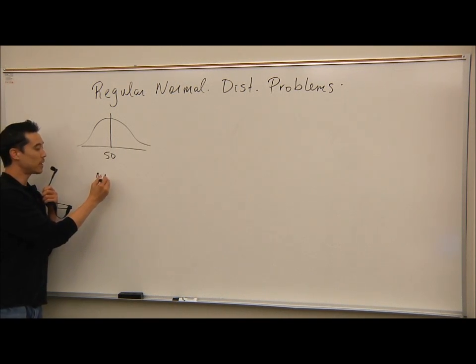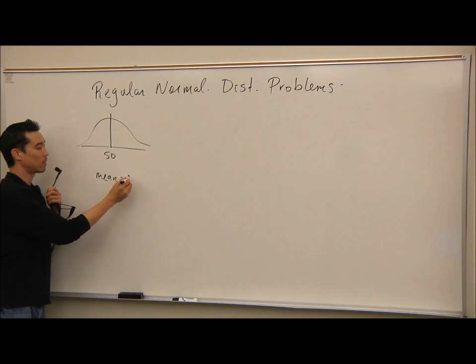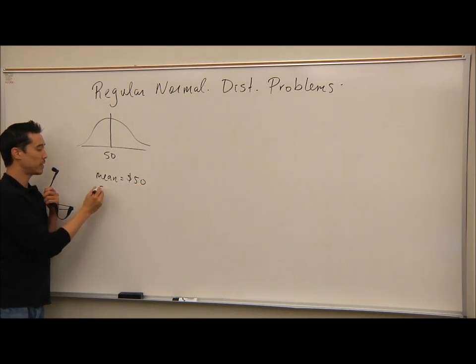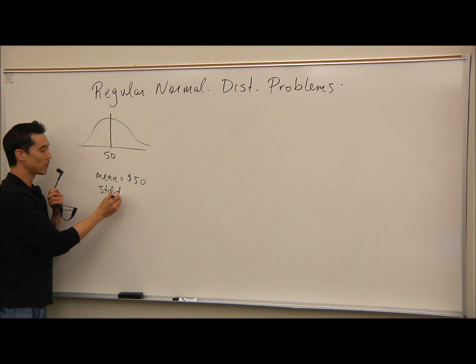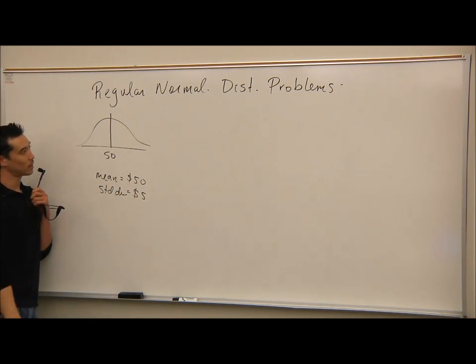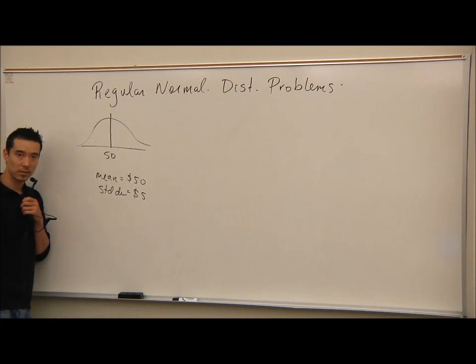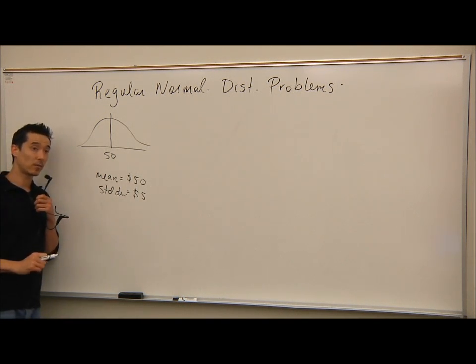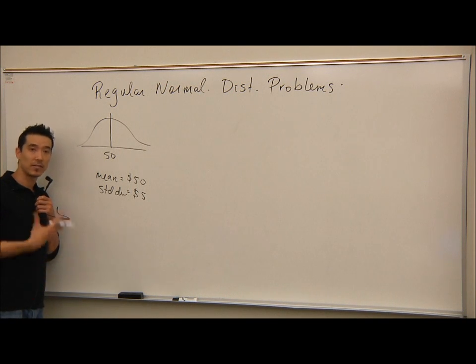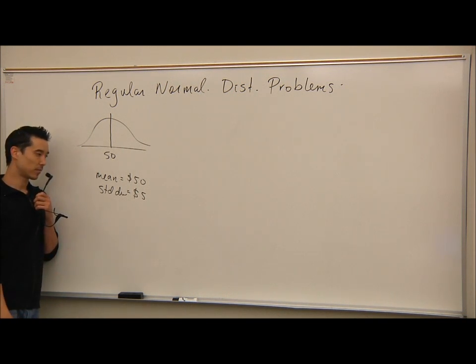They've given me the mean is 50. They've given me the standard deviation is 5. And they've told me it's a normal distribution. Okay, those three things are absolutely required. They have to say it's normal, they have to give you the mean, they have to give you the standard deviation.